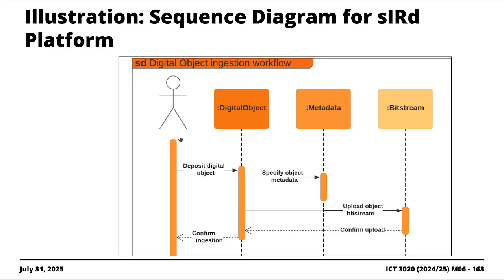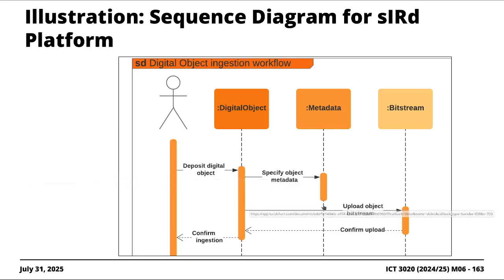I was saying when a user, a postgraduate student, is looking at ingesting a digital object, what they'll first of all do is conduct an invocation. We are calling this method from digital object to say deposit digital object, and then there'll be a cascade effect. It will evoke another message in metadata called specify object metadata.